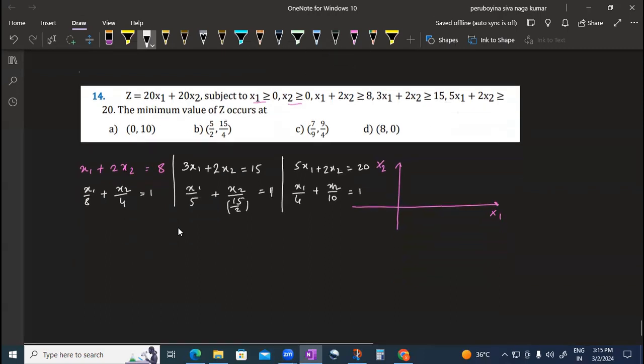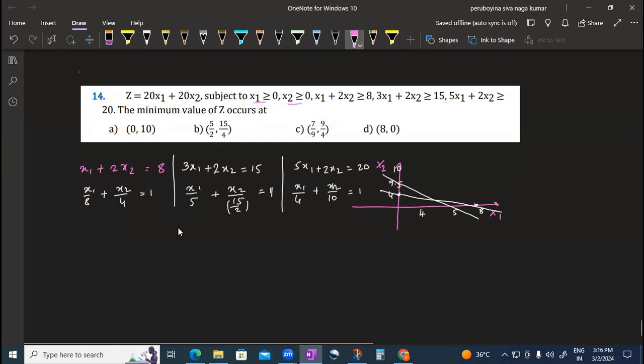So the numbers on the x-axis you have to mark are 4, 5, and 8. And the x2 values are 4, 15 by 2 means 7.5, and 10.